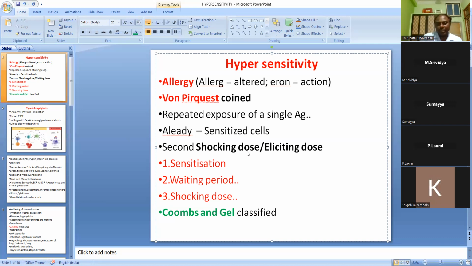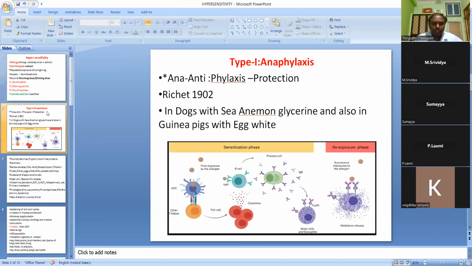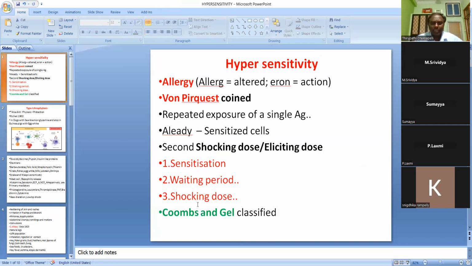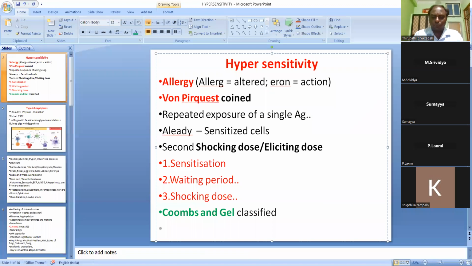The first three were added to immediate, and the last one is generally called delayed type of hypersensitivity in both this classification and the normal classification. Anyway, according to Coombs and Gell, there are four kinds of hypersensitivity.